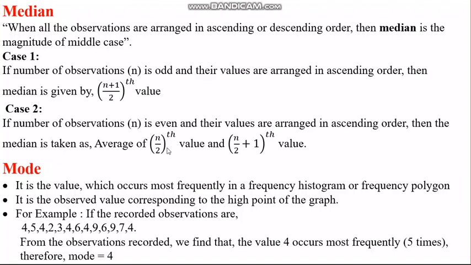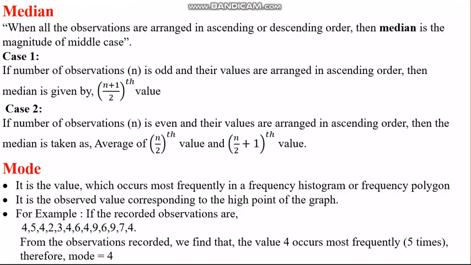Suppose 4 people are there. 4 by 2 is 2 and 4 by 2 plus 1 is 3. So the second and third, if you take their average, you will get the median. That way we have seen both cases, odd numbers and even numbers. Now next is mode.